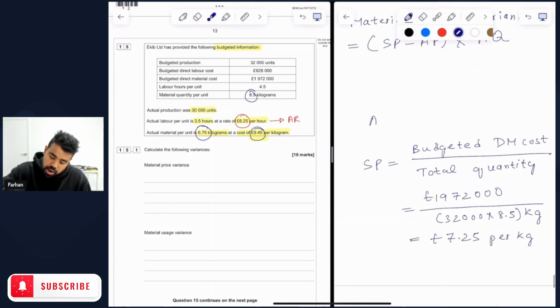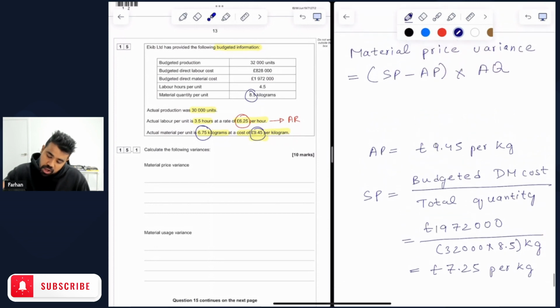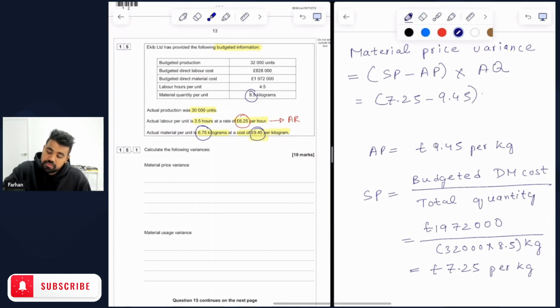So the actual price is given as 9.45 pounds per kilogram. So now we have got the standard price based on our workings, which is 7.25. We know the actual price that is mentioned in the last line of the question. And now we are left to find the actual quantity.